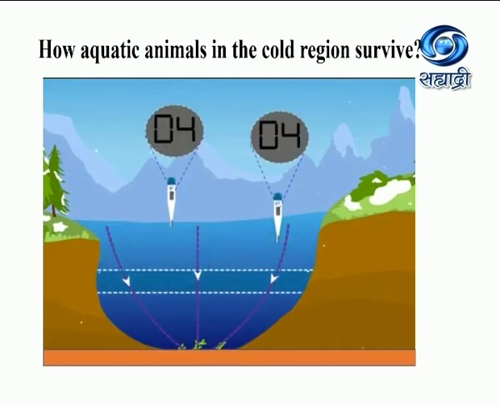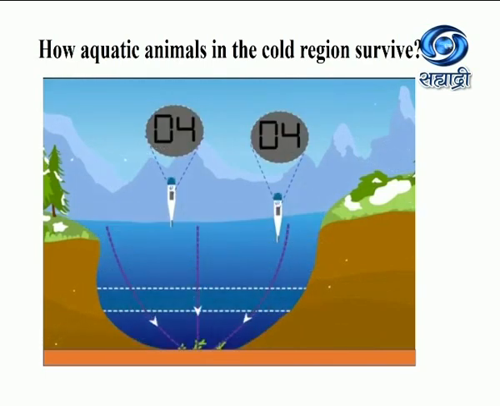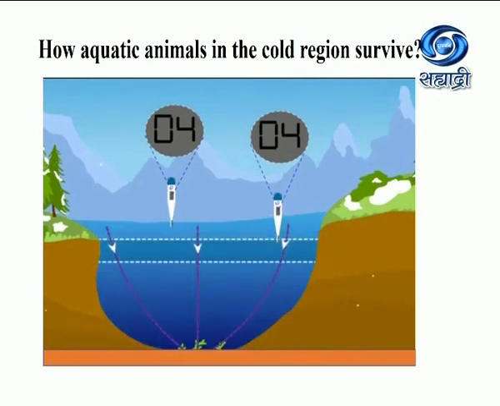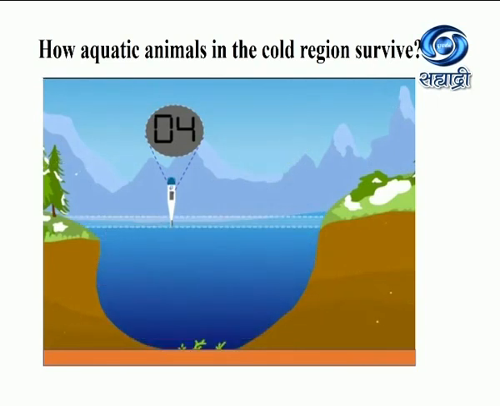This process continues until the temperature of all the water in a lake falls to 4 degrees Celsius. Now, as the water at the surface cools below 4 degrees Celsius, it expands instead of contracting, and thus its density decreases. As a result, it becomes lighter than the rest of the water, and remains on the surface of the lake.